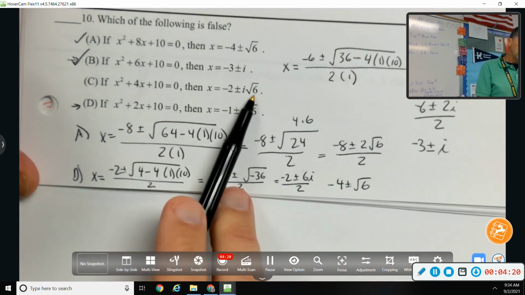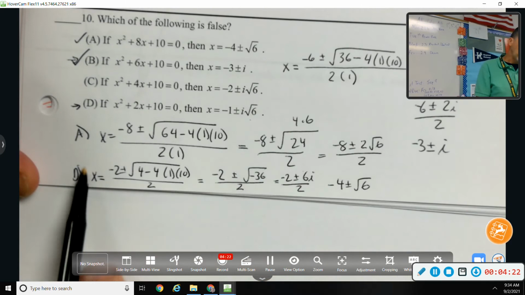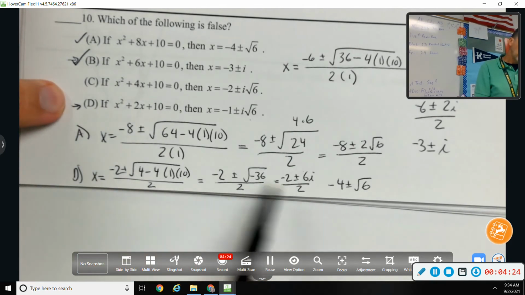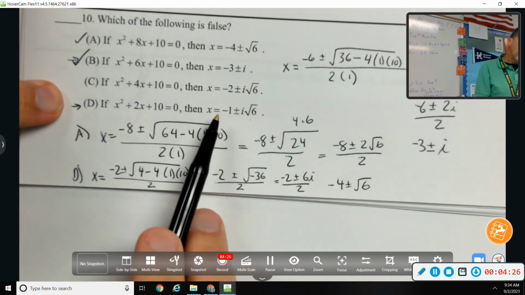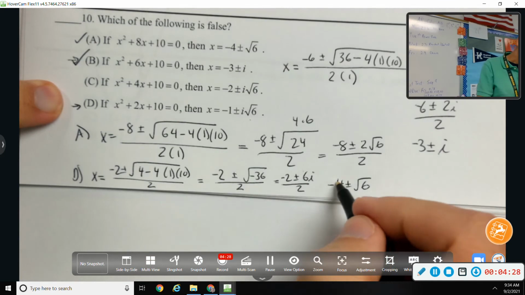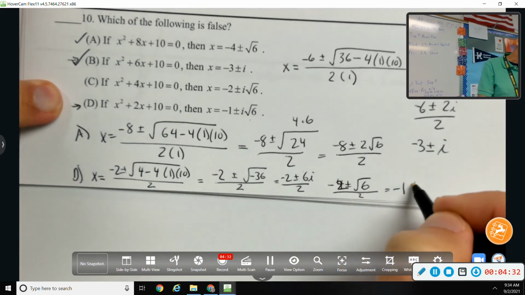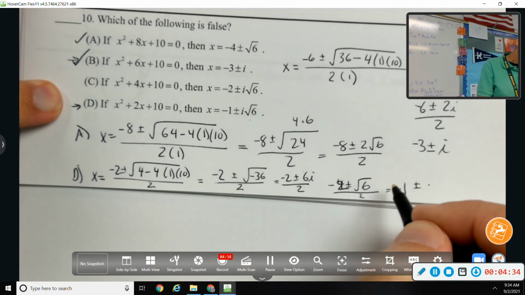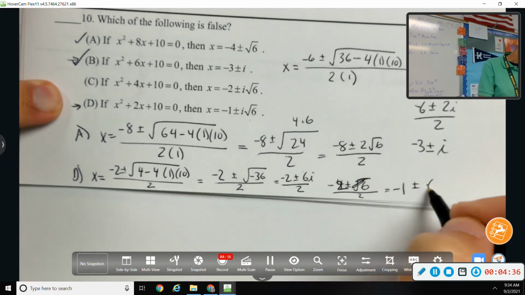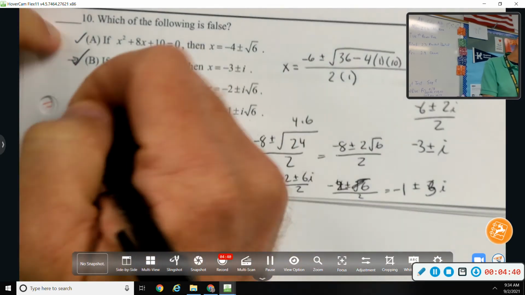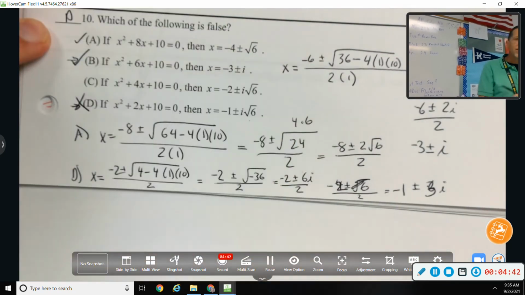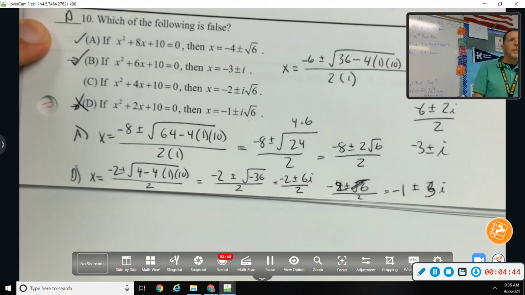So something's not right. Whoops, that should be negative 2 over. So it should be negative 1 plus or minus 3i. Whatever, D is false. D didn't work.